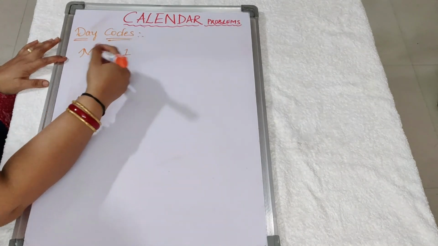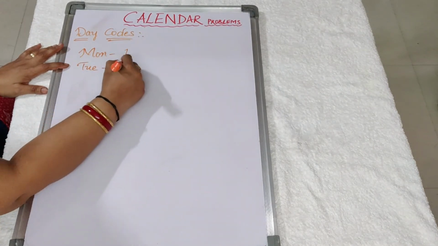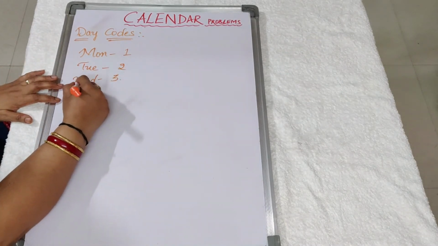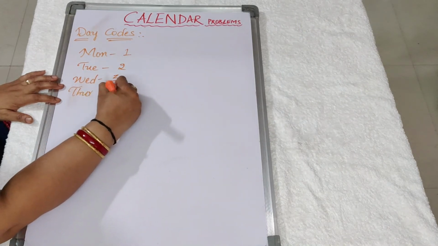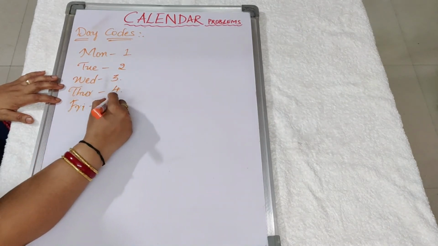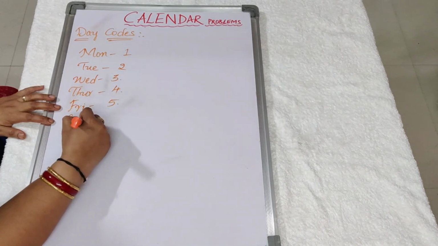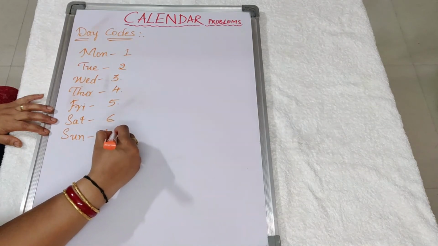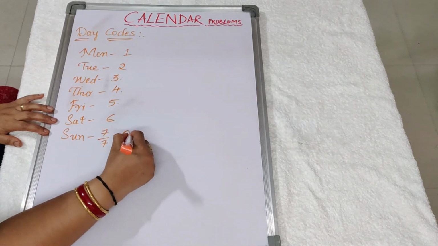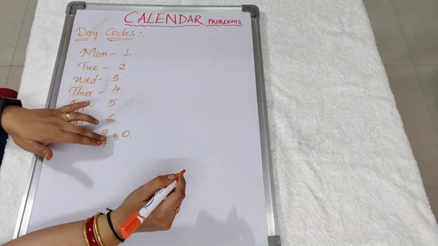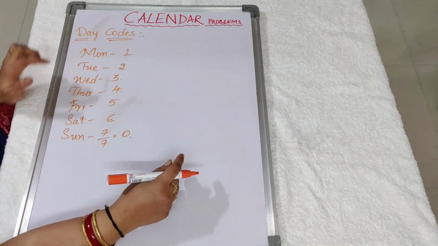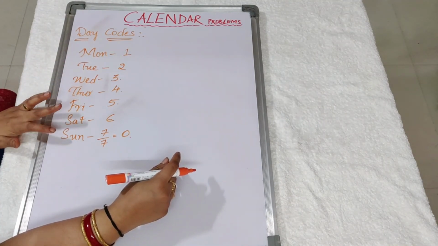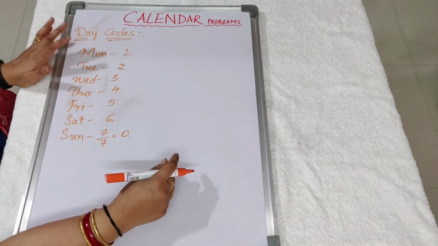Monday is taken as 1, Tuesday is 2, Wednesday 3, Thursday 4, Friday 5, Saturday 6, Sunday it is actually 7, but 7 by 7 is again 0 remainder, so 0. So these are the codes for all the 7 days. Monday 1, Tuesday 2, Wednesday 3, Thursday 4, Friday 5, Saturday 6, Sunday 0.